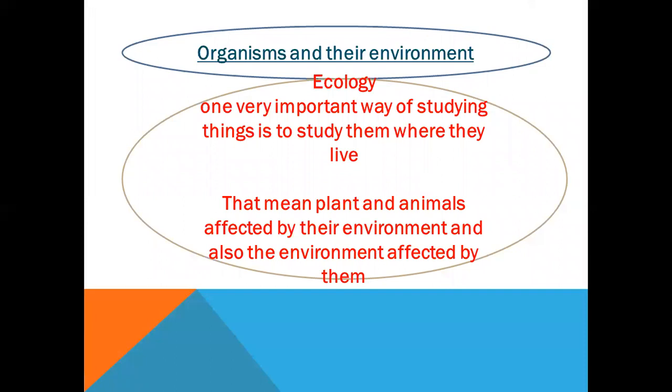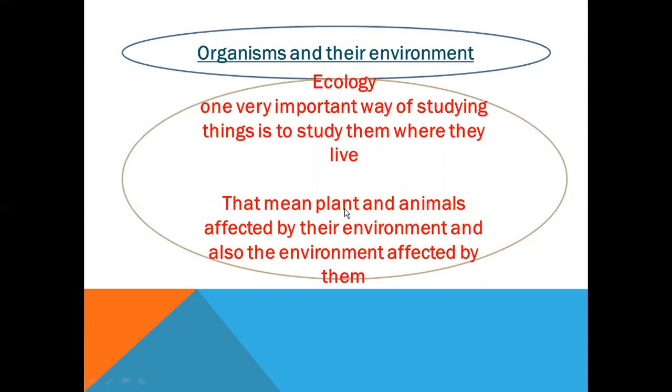Let's start another part, chapter 3, organisms and their environment. Organisms and their environment, another name is ecology. Ecology is a very important way of studying living things and non-living things in the same place, in one environment, including non-living things and also living things, plants, animals, all of this.